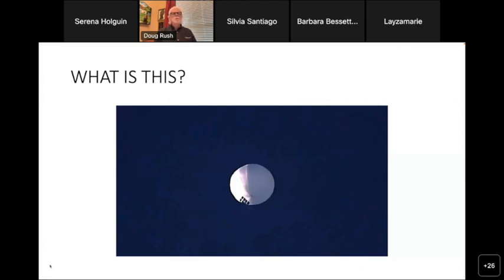What do we really know about it? I put this picture up to show you that sometimes a picture, and sometimes the things that we write down, don't get the entire message across very well. This is the balloon that flew over America for quite a while, and we still don't know a whole lot about it.